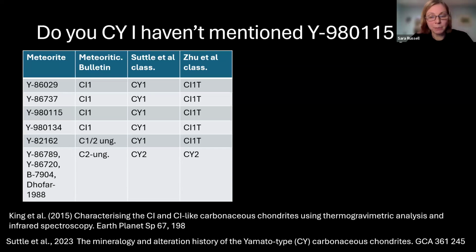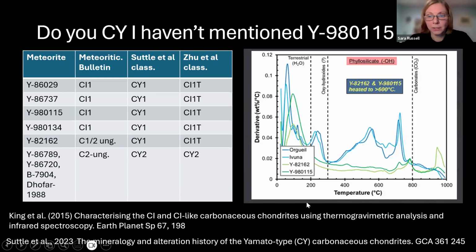Okay, but there is some controversy about this, and this is because these meteorites have all been heated up, and I will show you an example here. So this is thermogravimetric analysis, which shows how much water, basically you heat up a small sample and you measure how much water is derived from it at each temperature. So here, if you look at Orgueil and Ivuna in blue, you can see that at low temperatures, lots of water comes off.